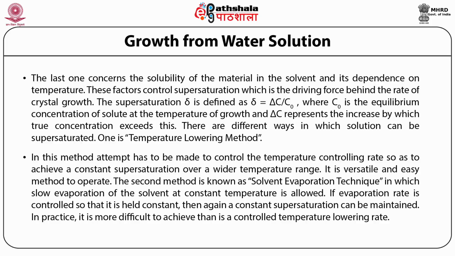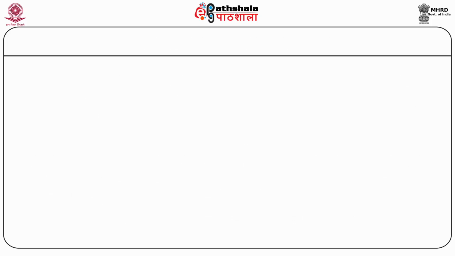The second method is known as the solvent evaporation technique, in which slow evaporation of the solvent at constant temperature is allowed. If the evaporation rate is controlled so that it is held constant, then again a constant supersaturation can be maintained. In practice, it is more difficult to achieve than is a controlled temperature lowering rate.